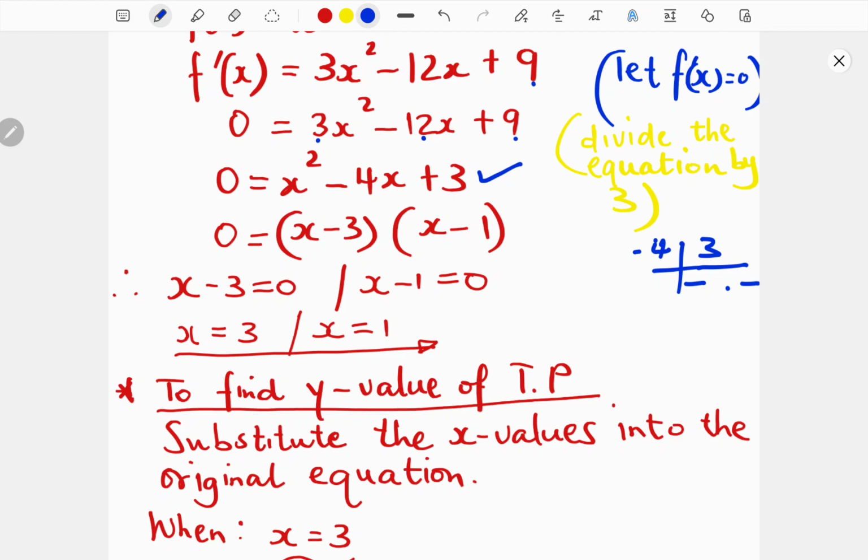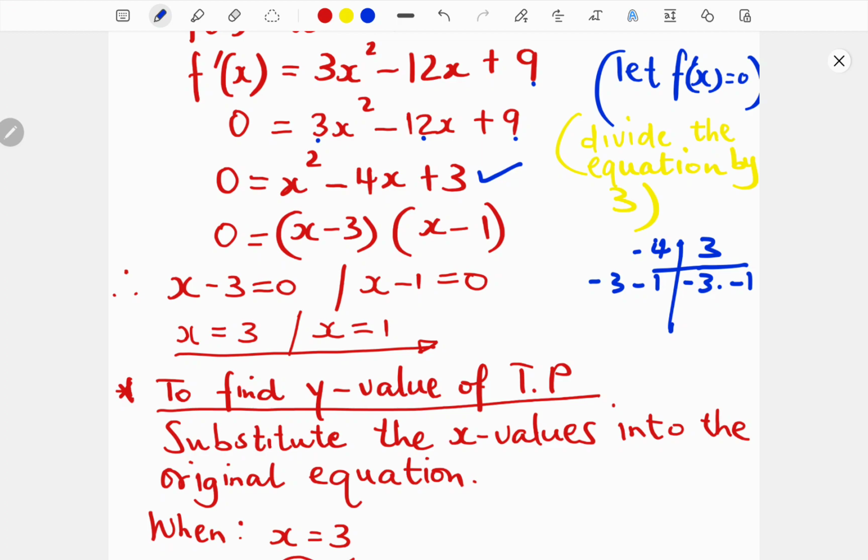So what are those numbers? It's negative 3 times negative 1, because negative 3 and negative 1 give you the middle term, which is negative 4. So our factors are x minus 3 into x minus 1 is equal to 0.